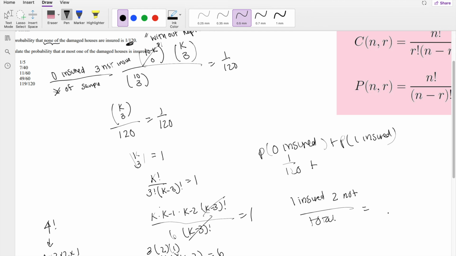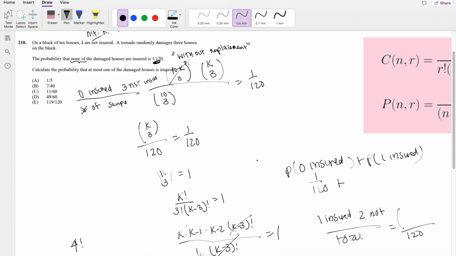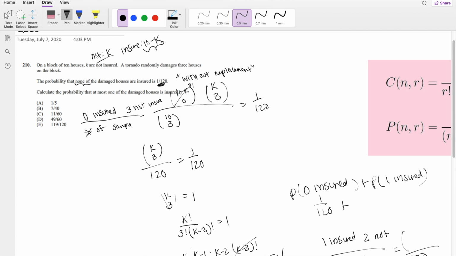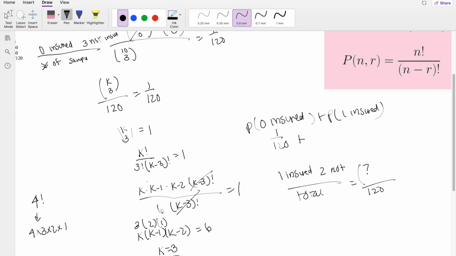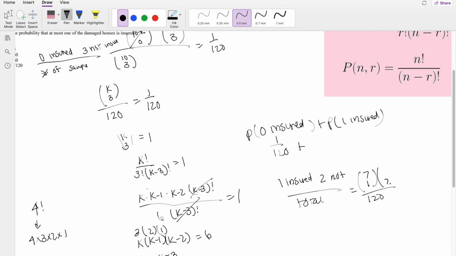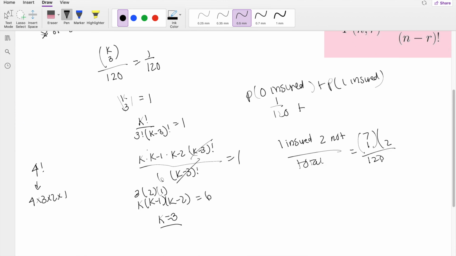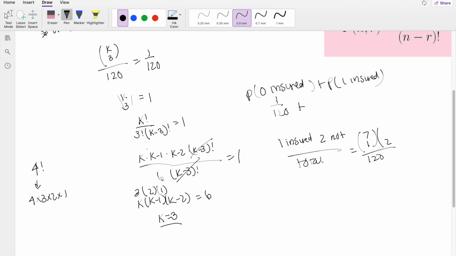We know the total is 10 choose 3, or 120. For 1 insured, the number insured is 10 minus k, where k is equal to 3, so that's 7, 7 choose 1. For 2 not insured, the number not insured is k, which is 3, so out of 3 you're choosing 2.